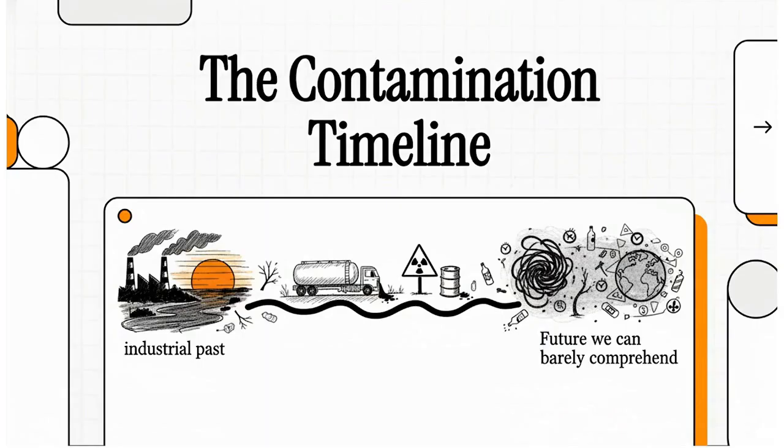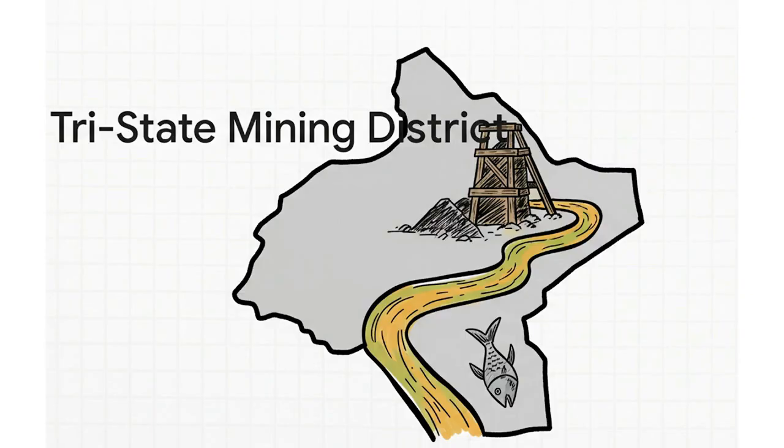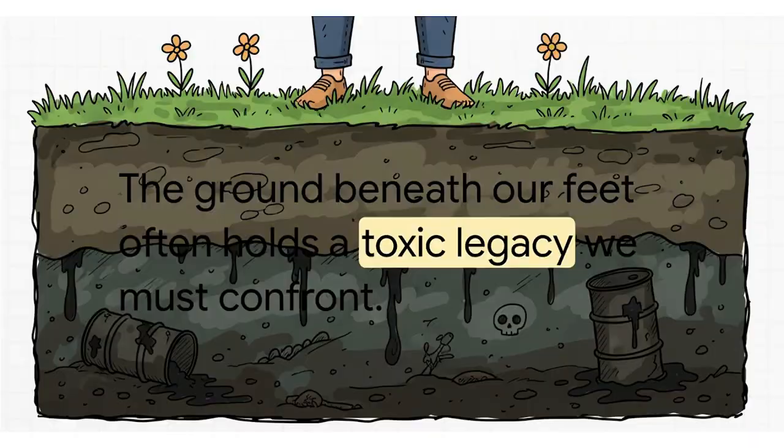Okay, so the contamination timeline. If you look, in the USA there is a place known as brownfields. Over there, there was industrial activity, and because of that the land became uninhabitable. Nowadays people are trying to overcome this contamination.